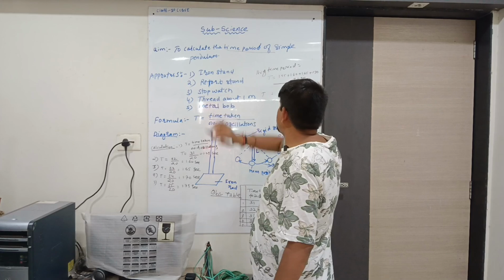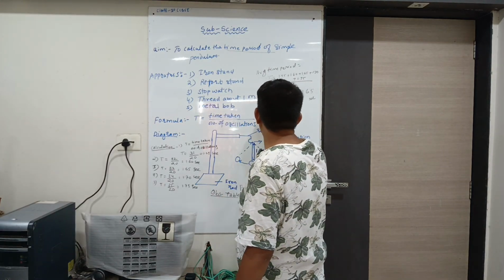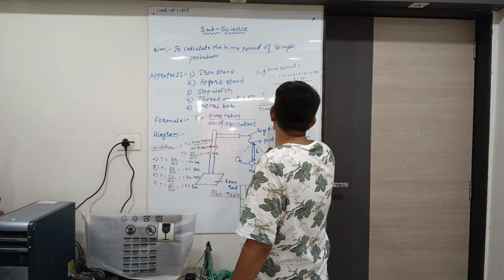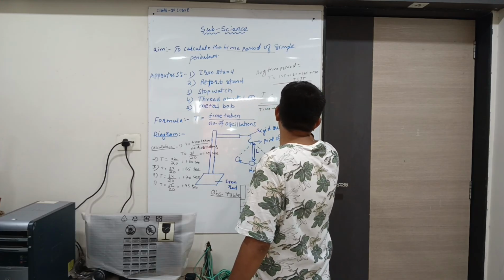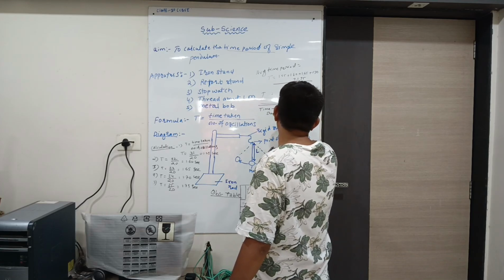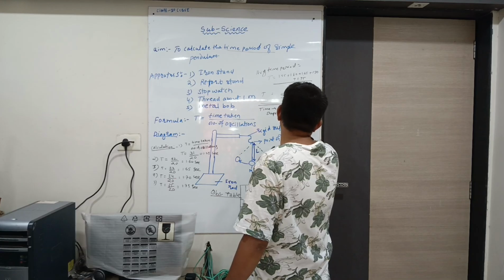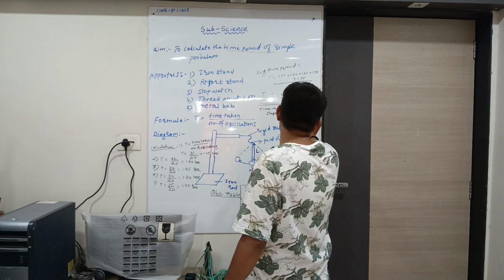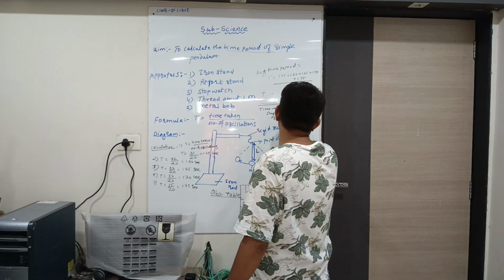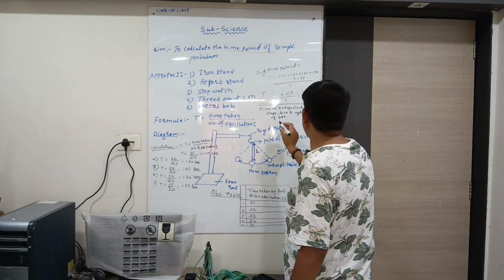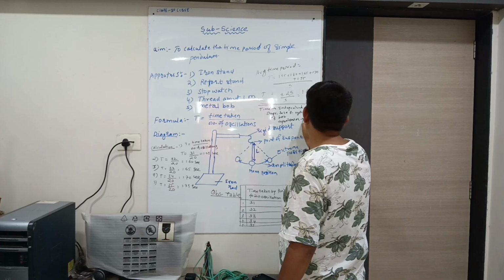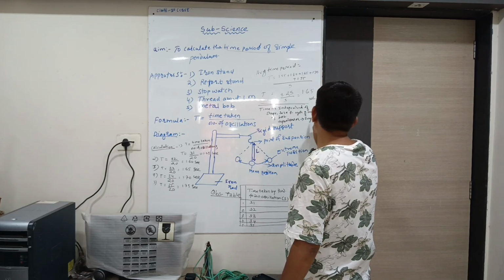The time period is independent of shape, size and type of material of the bob of the pendulum. It only depends on the length of the string or the thread.